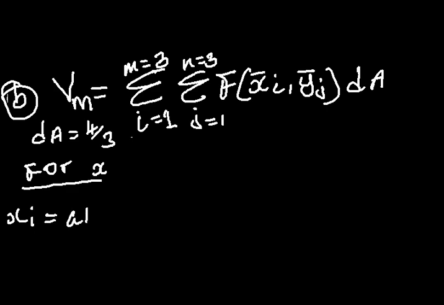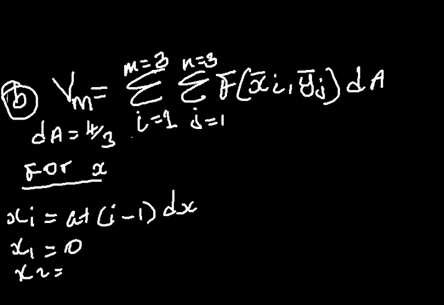X is given as a plus i minus 1 times dx. So in this case, we already calculated that x1 is given as 0, x2 was given as 4 over 3, and x3 should be 8 over 3. Now we are not to stop here.